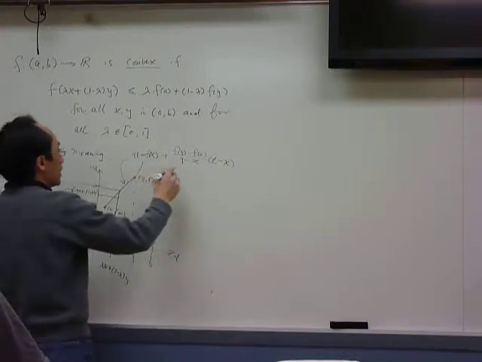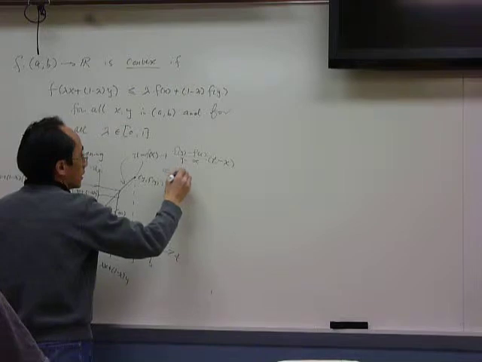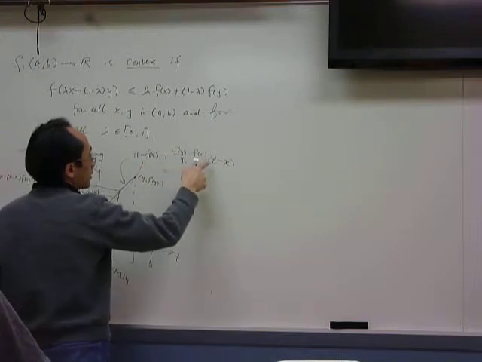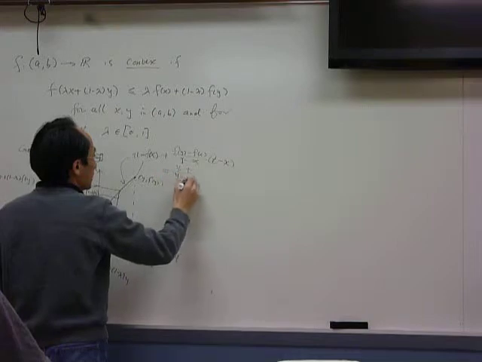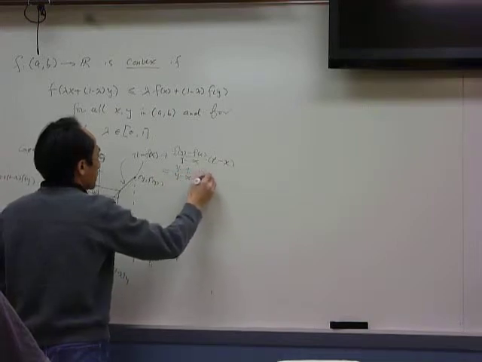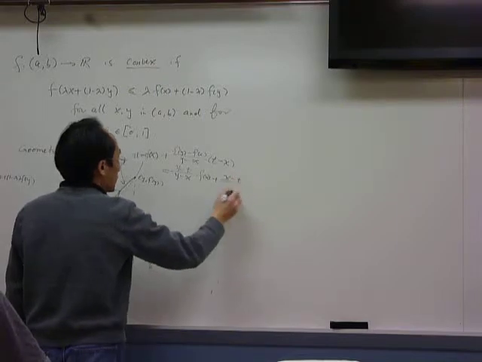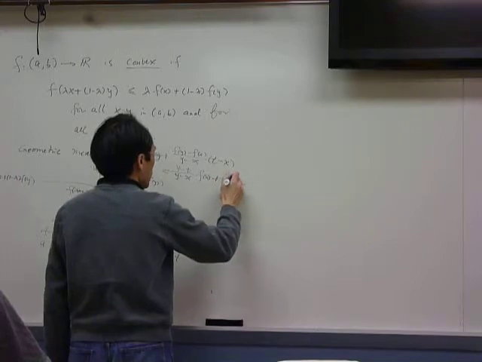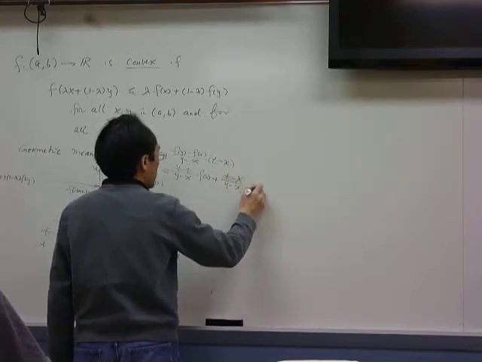So which is the same as, this is just 1 minus this, of x. That's (y minus t) over (y minus x) times f of x plus (t minus x) over (y minus x) times f of y.